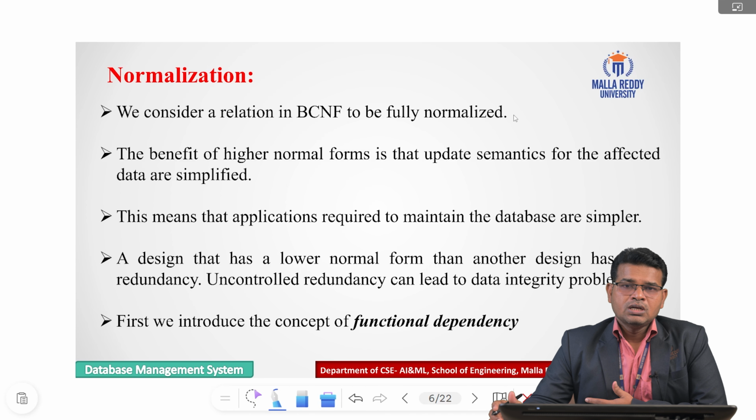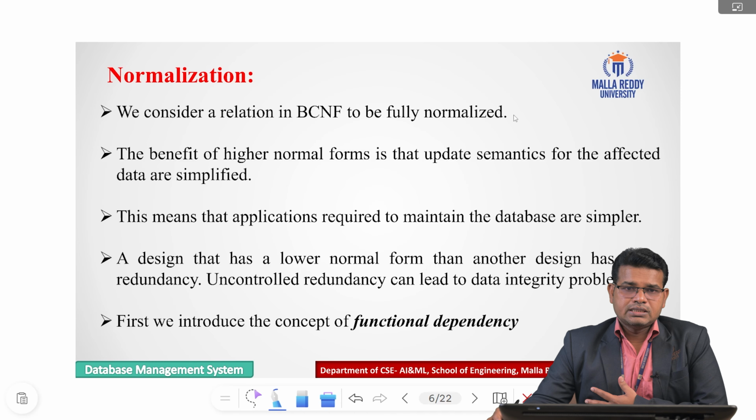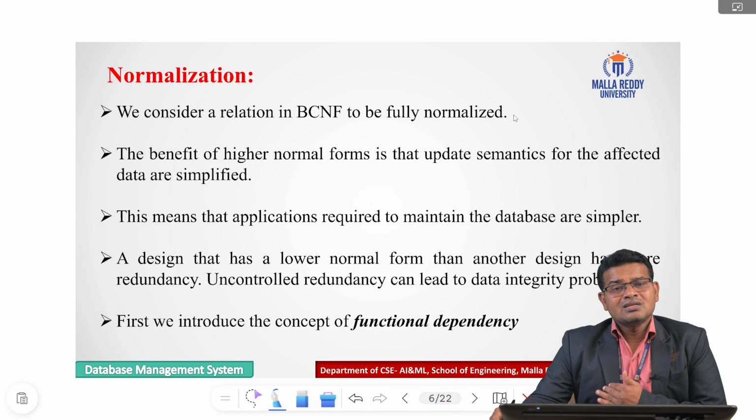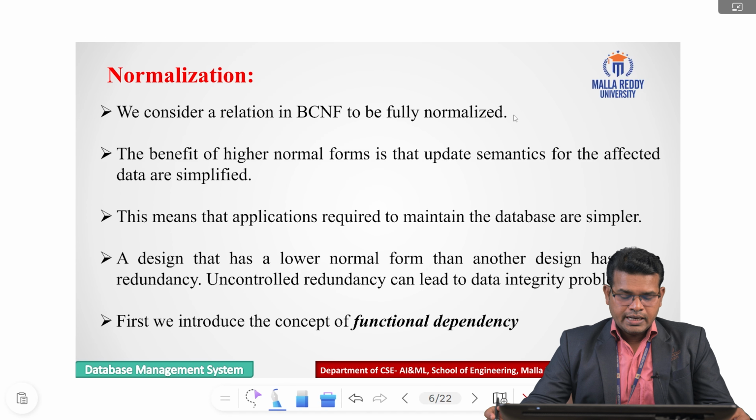As I told you, the main objective of normalization is to reduce or completely eliminate redundancy. Lower normalization results in less feasibility of handling the data, and higher normalization results in higher feasibility. When redundancy is reduced, it is automatically easier to handle the data under the underlying application.